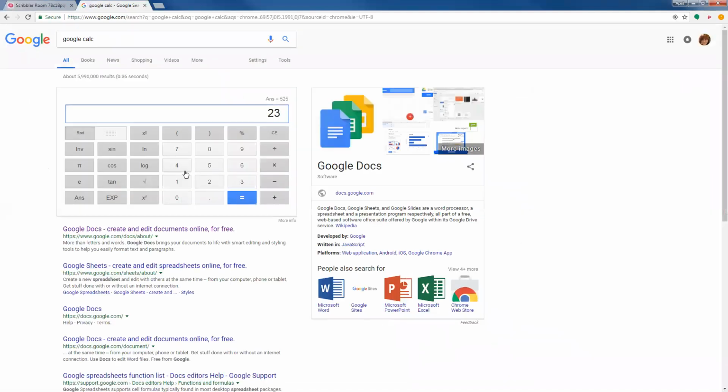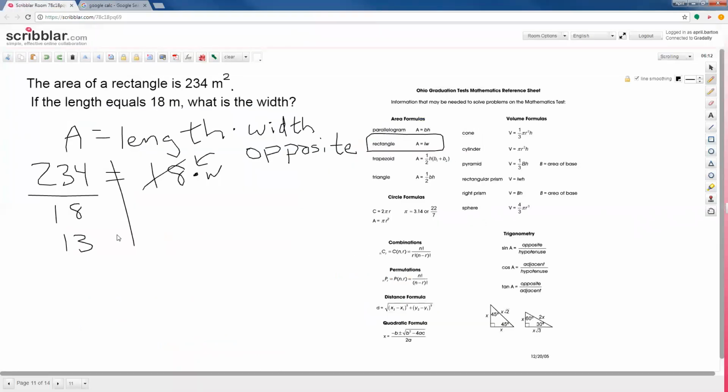So 234 divided by 18 is 13. Now, since 13 is not an area, the width is not the entire area, this would go back to not having a squared on it. It would just be meters.